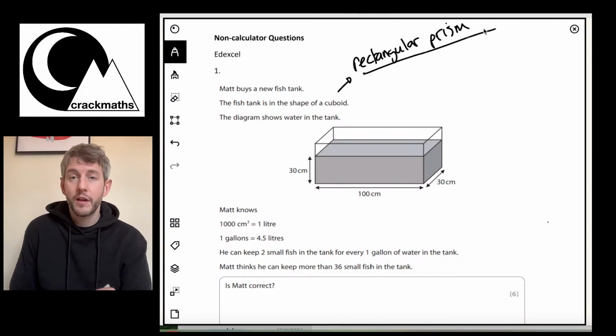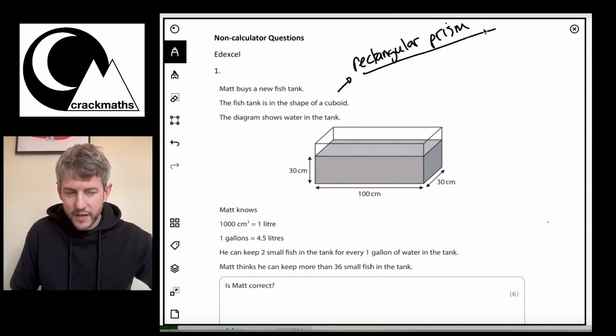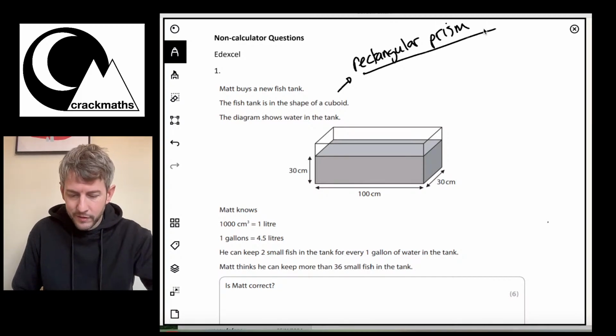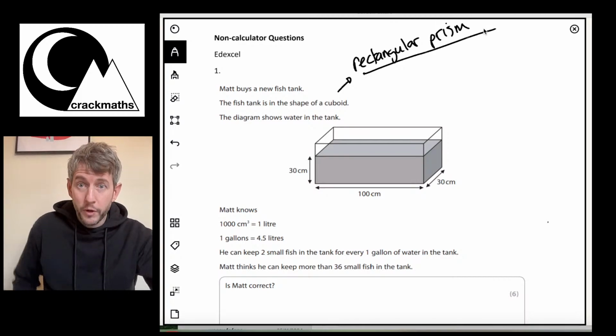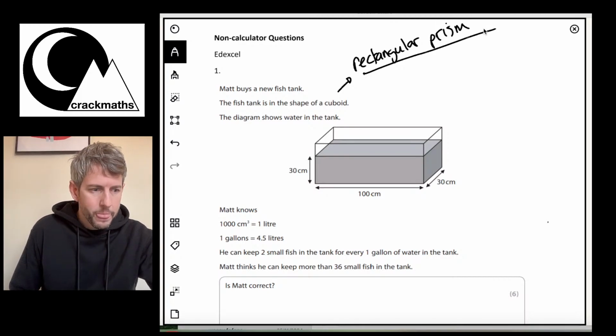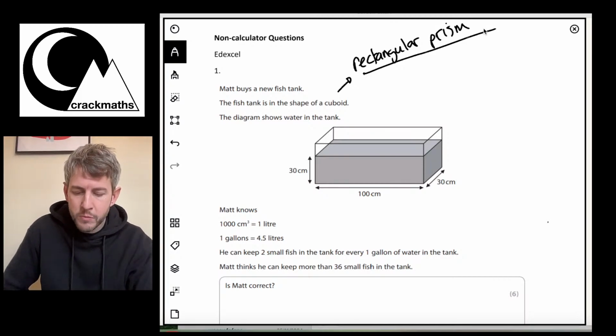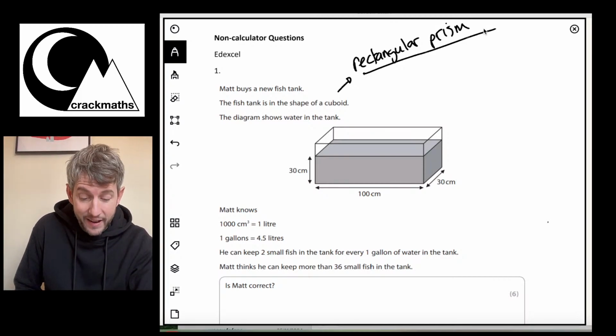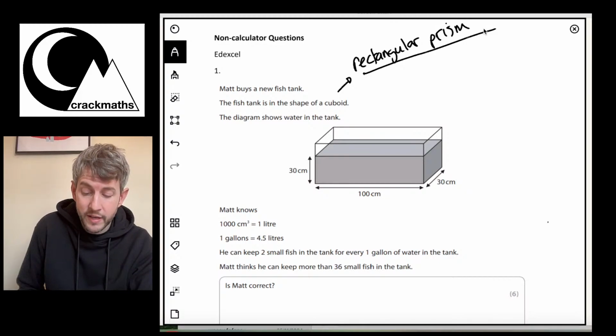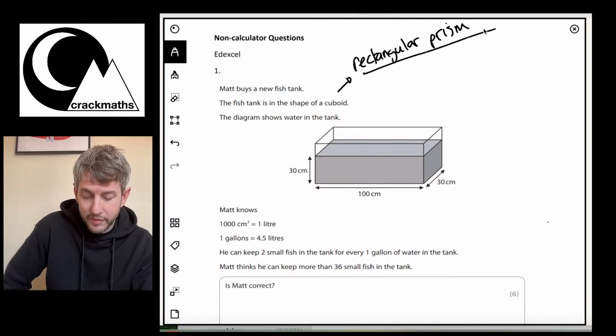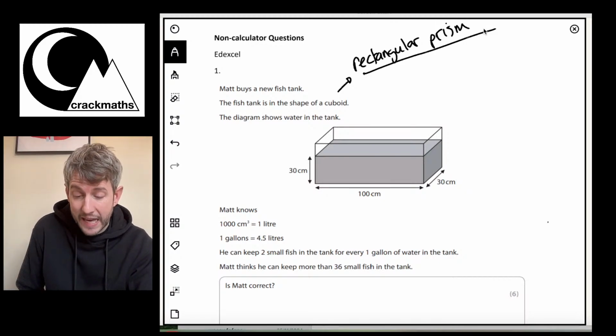Matt knows that 1,000 centimetres cubed equals 1 litre. He also knows that 1 gallon is 4.5 litres. And he also knows that he can keep 2 small fish in the tank for every 1 gallon of water in the tank. Matt thinks he can keep more than 36 small fish in the tank.